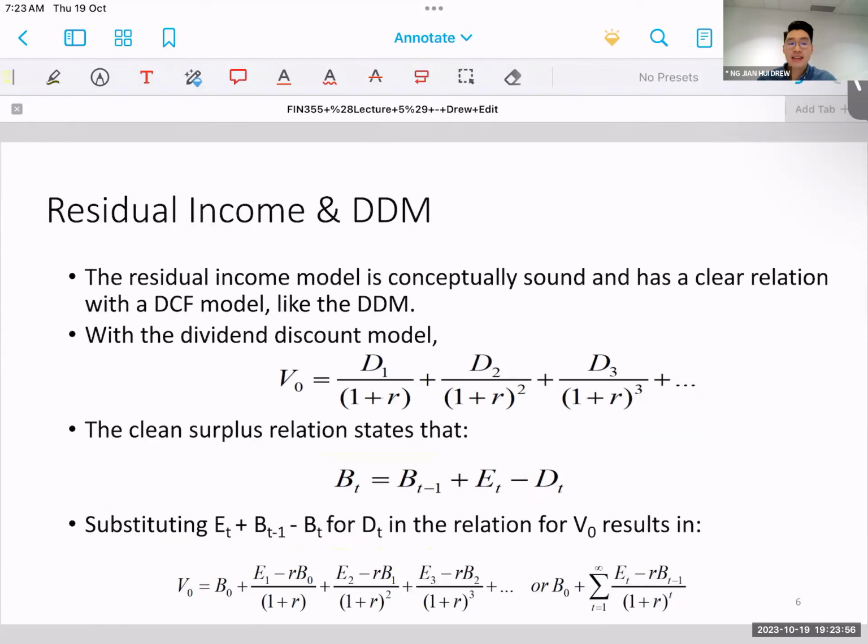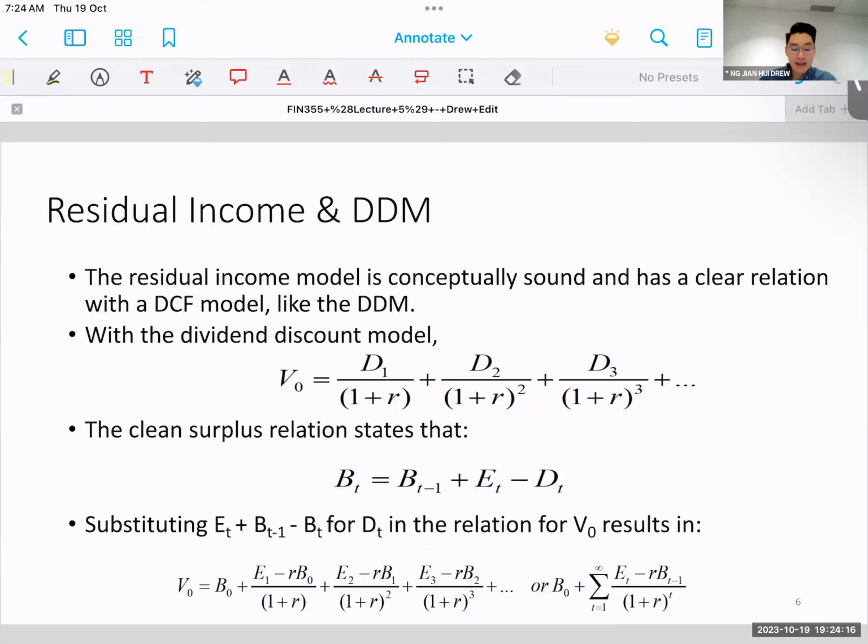So DDM and FCFE are actually kind of similar. And I know there are some questions regarding, can we use either FCFE or DDM for valuation of a firm? We can. And sometimes you might even want to do both and take an average, if you think that there is some purpose in doing that.